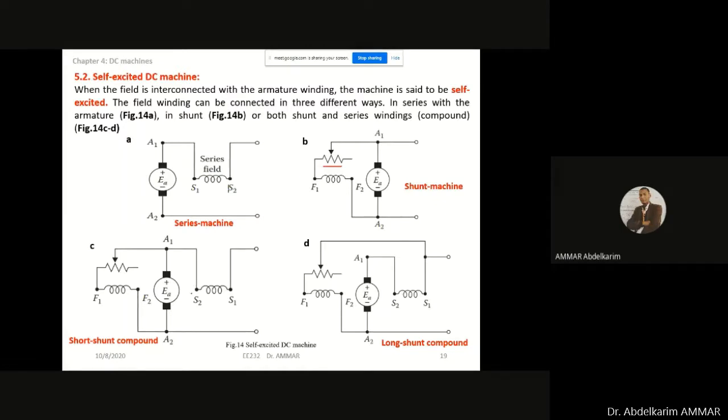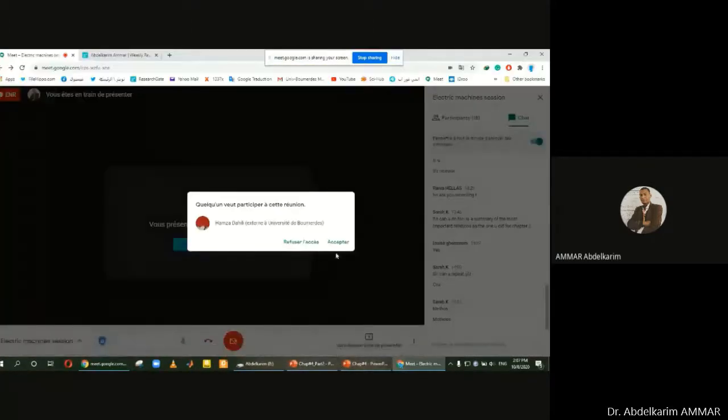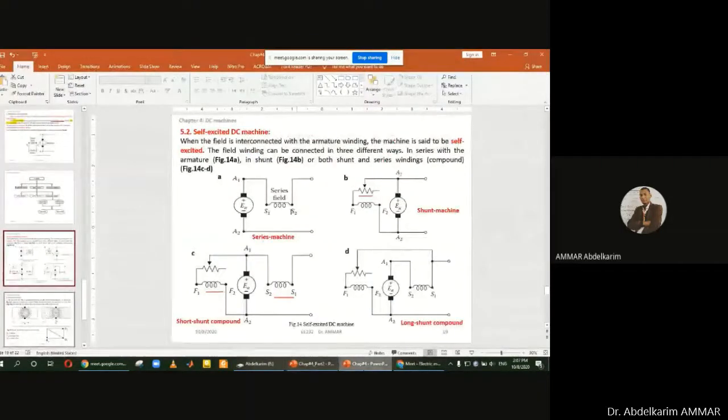And we have the compound. We can see that they are connected in series and in parallel at the same time, so both the series and shunt field windings are connected. The machines we have in the lab can be connected in any way because their terminals are accessible.